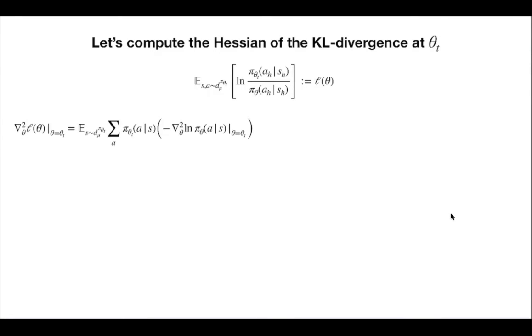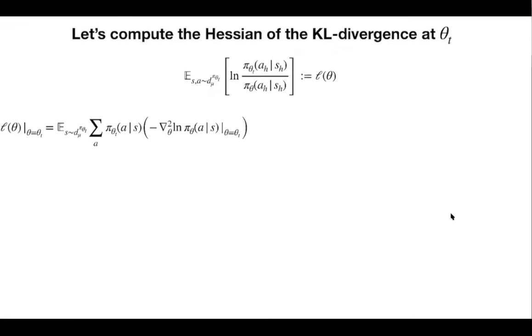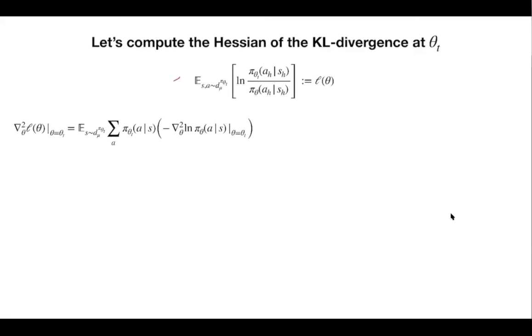I'm just going to take the second derivative of this expression. The expectation has nothing to do with theta, so I'm going to push this nabla squared inside the expectation. Inside the expectation, I have log of pi theta t minus log of pi theta. The first term has nothing to do with theta, so it's 0 anyway.